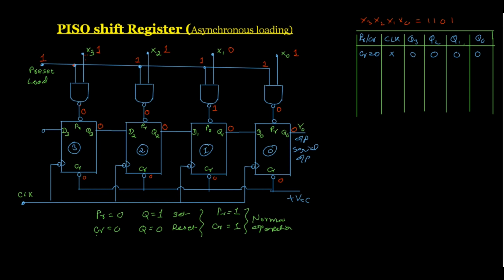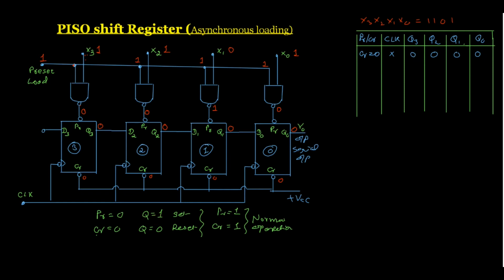So here this preset is 0, this preset is 0, and this preset is also 0. Whenever the preset is 0, the flip-flop is going to be in a set condition.